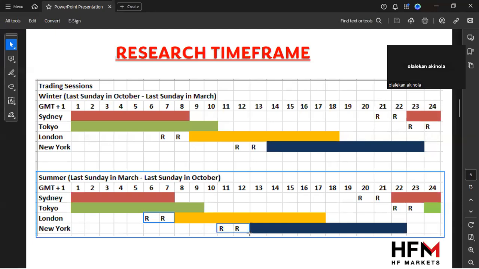And also, the American session opens by 1 p.m. It means you must have started also at least from 12. If you cannot afford 2 hours, you must afford yourself at least an hour.